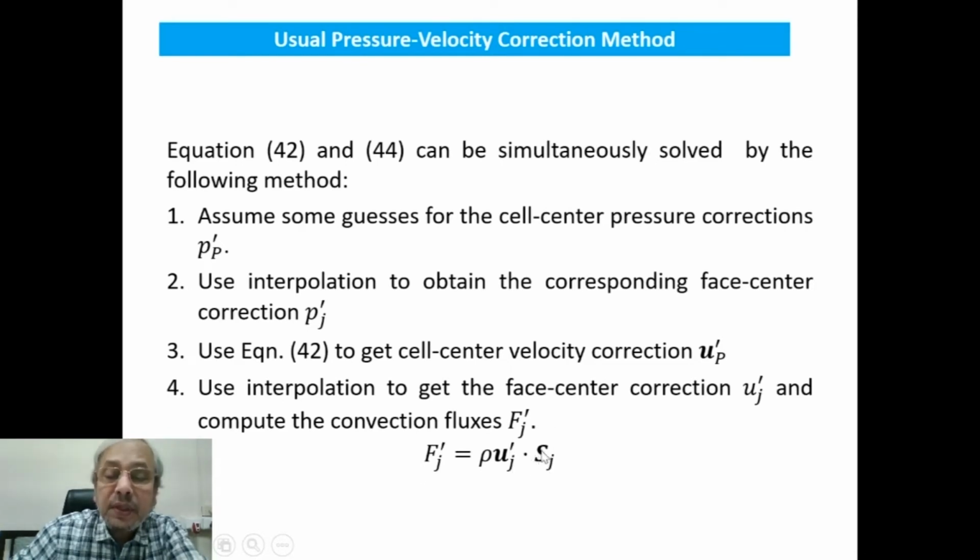S is the surface vector for each confining surface and u is the vector quantity, meaning the velocities in x, y and z directions.